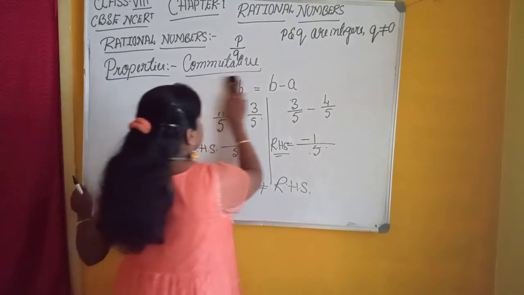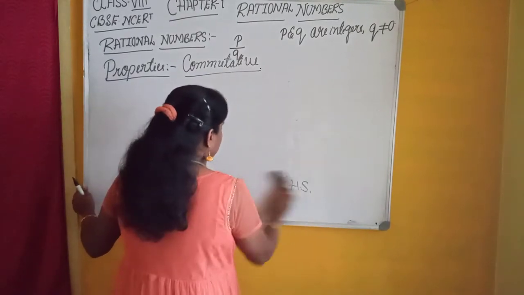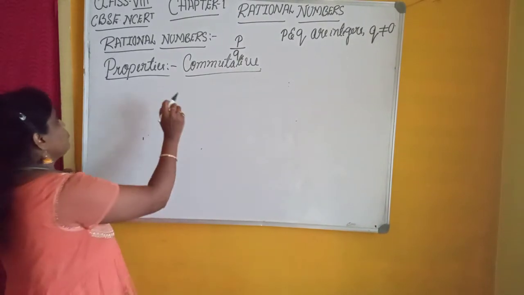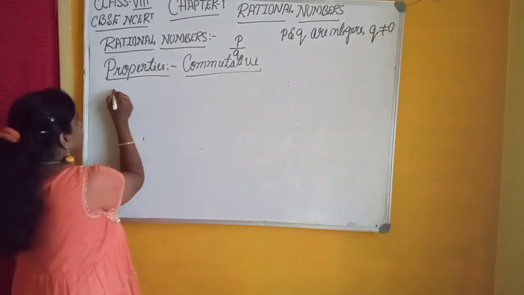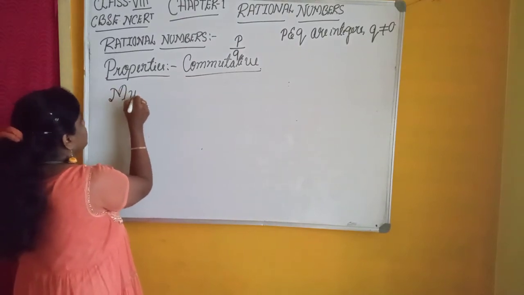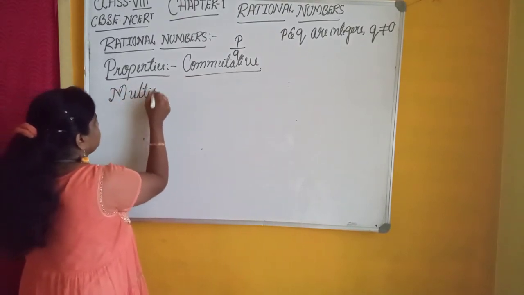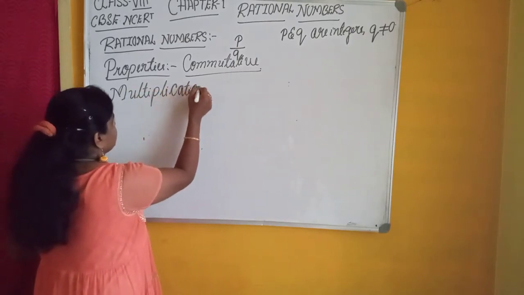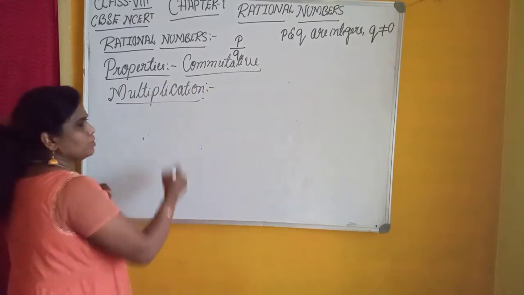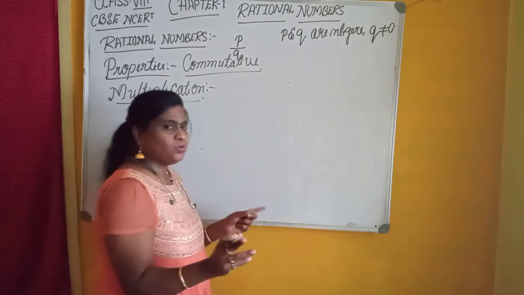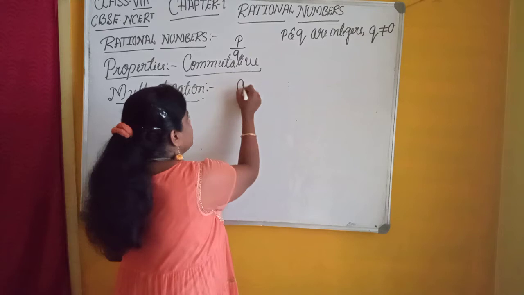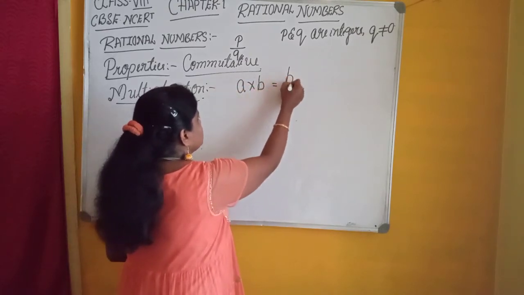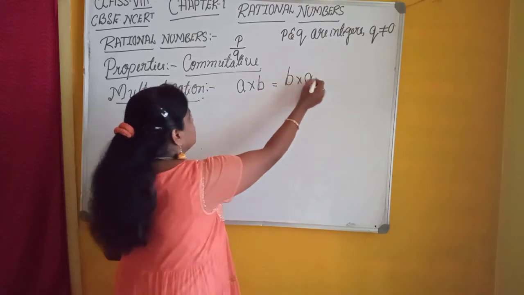Now let us move on to the multiplication of rational numbers. Commutative property under multiplication. Consider two rational numbers, a × b = b × a.